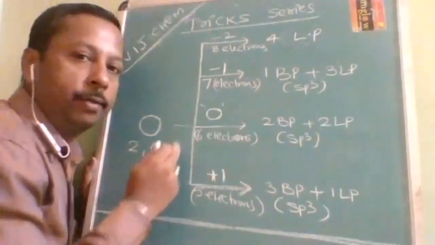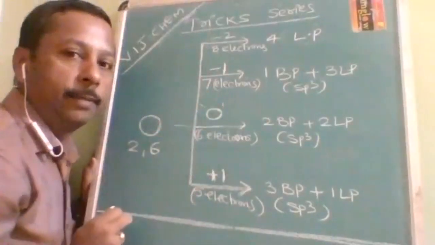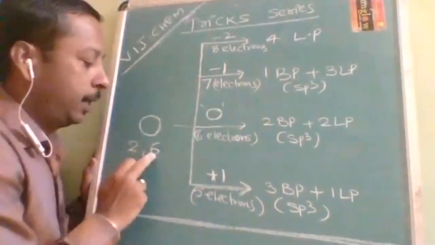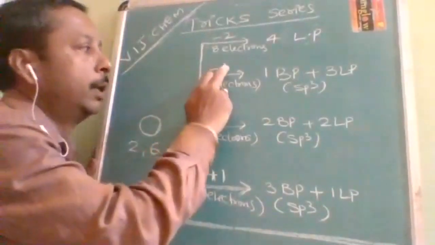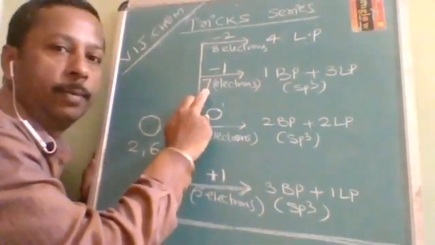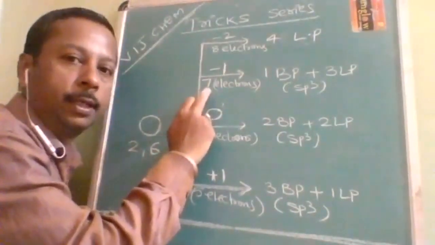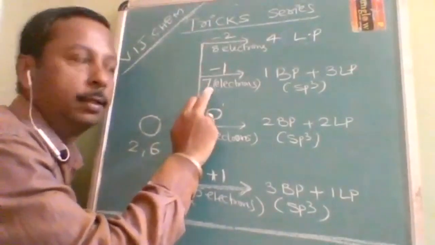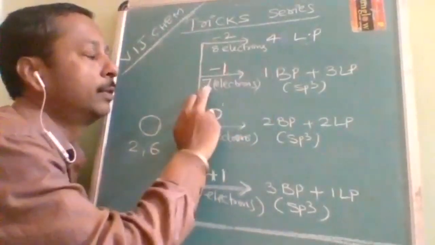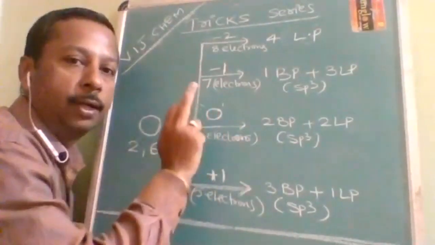Suppose somewhere you find a formal charge of -1. Then 1 electron is added to the 6 electrons already there, so the total electrons become 7. To get an octet from 7, 1 bond is required.